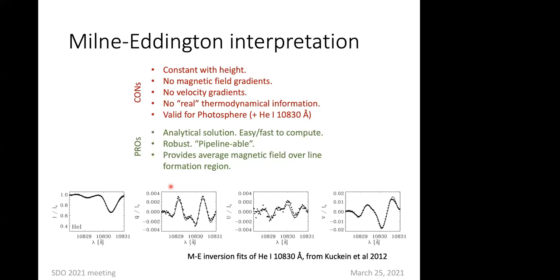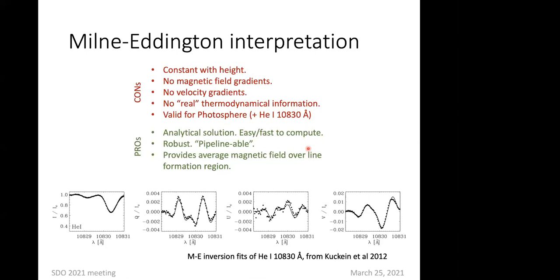Also, the polarization in the Milne-Eddington approximation is due to the Zeeman effect only, and it is typically only valid for photospheric spectral lines, with one notable exception, which is the chromospheric helium-1 multiplet at 10830 angstroms. Of course, the advantage of using Milne-Eddington is that it provides an analytical solution to the radiative transfer equation, which makes it easy and fast to compute.